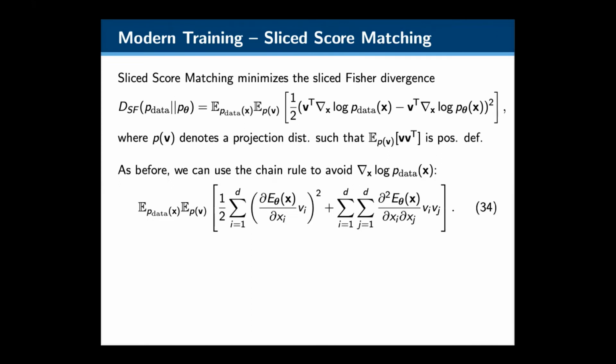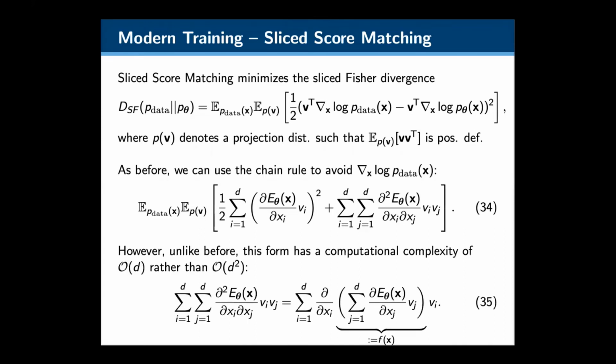The key difference here, though, is that we're no longer dealing with second order derivatives. We're dealing with products of first order derivatives, or two applications of the first order derivative. And it turns out that this term over here can be rewritten as this term over here in equation 35.